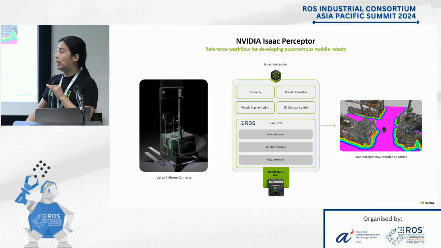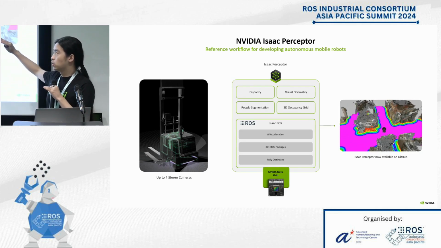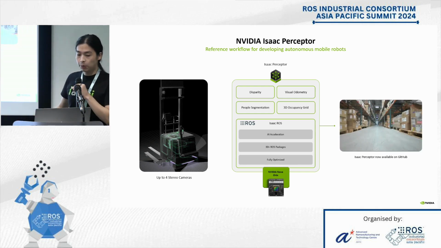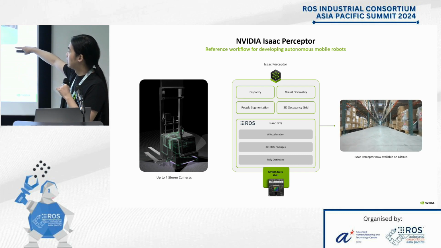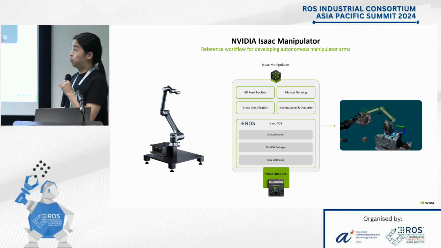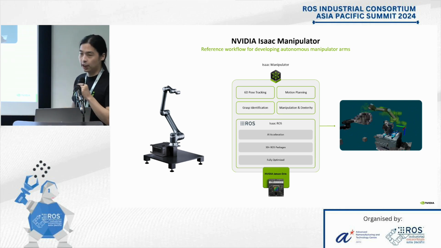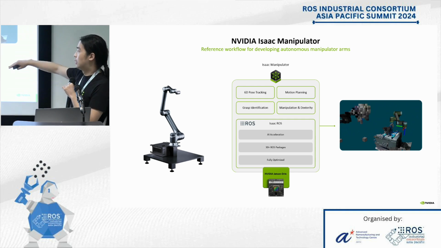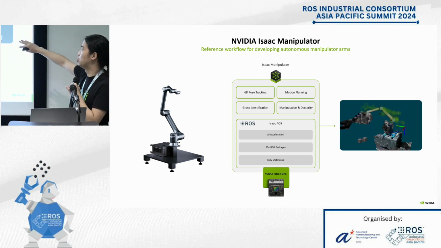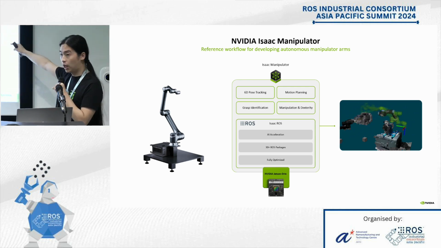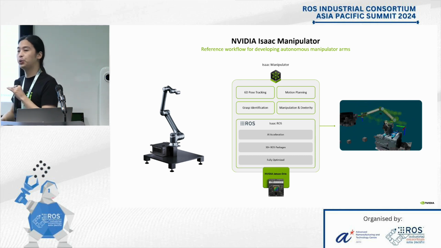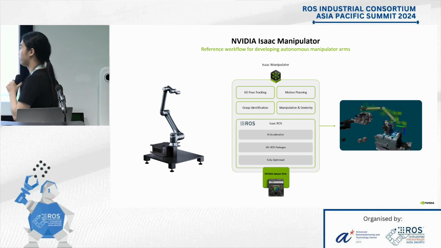Some of them are based on the reference frameworks I just mentioned, like Perceptor, which is a reference framework for vision, for tracking and navigation. And we have Manipulator. Again, the name itself says it: a set of tools like 6D pose tracking and motion planning to operate your robot arm. All these things are reference workflows, so you can adopt them and modify them based on your needs.